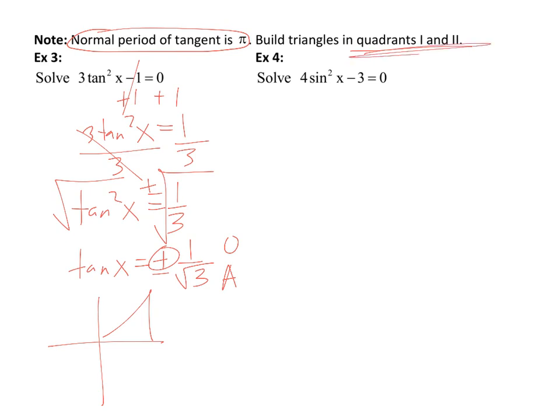But once again, for tangent, you don't have to worry about quadrant 3. So now for negative, opposite could be negative and adjacent will be positive. Okay, but that means you're in quadrant 2. And then opposite can be positive and adjacent negative, and that means you're in quadrant 4, which you don't need in this case because once again you're working with tangent.